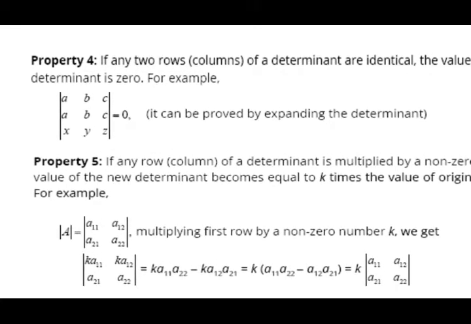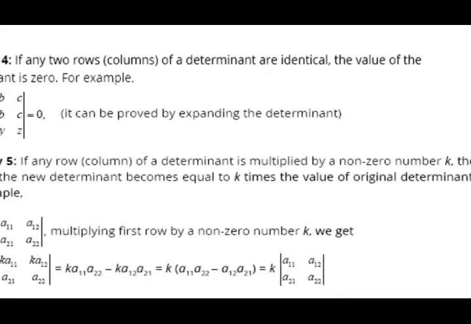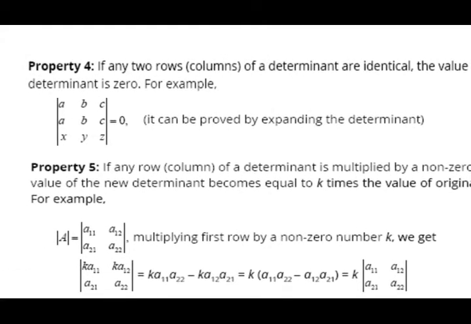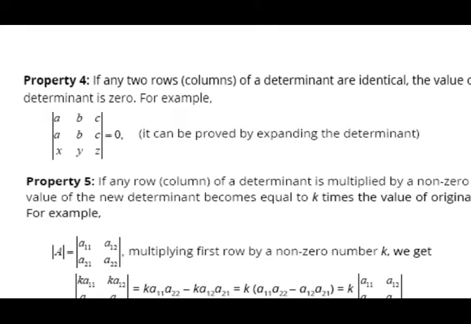If any two rows of a determinant are identical, here the first two rows have the same values, then its determinant is 0.